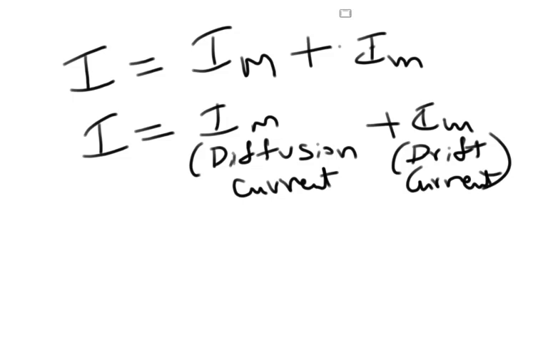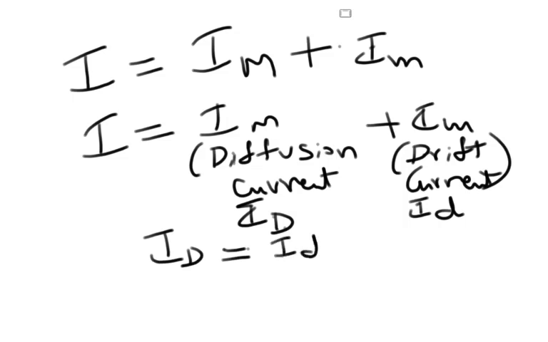At steady state, a diode should be in equilibrium, which implies diffusion current and the drift currents have to be equal and in opposite direction. And hence the total current I equals 0.